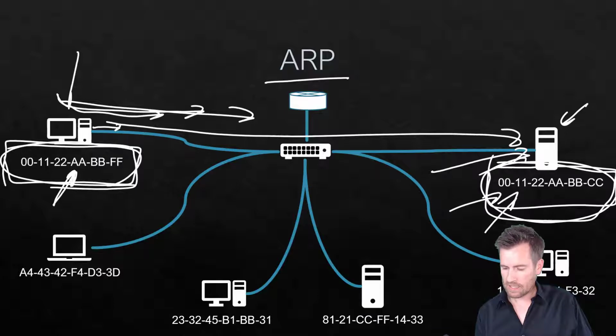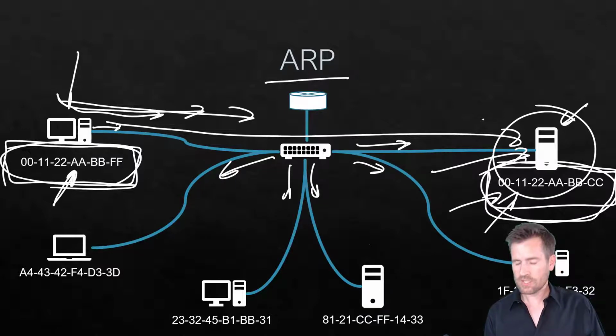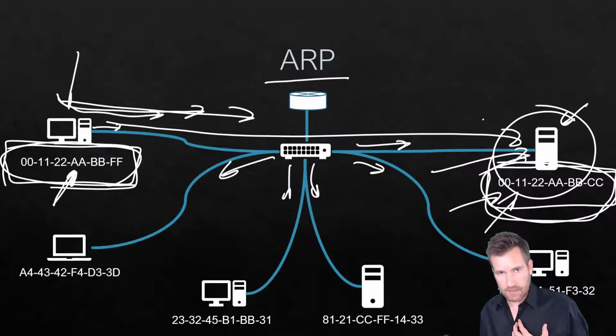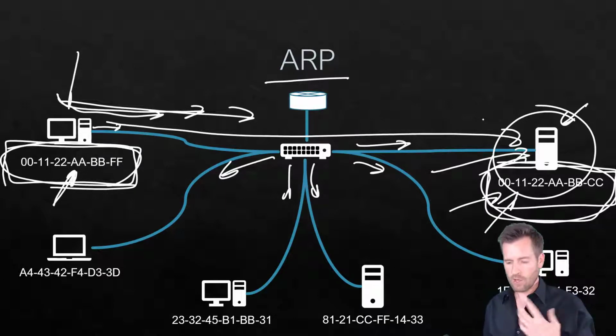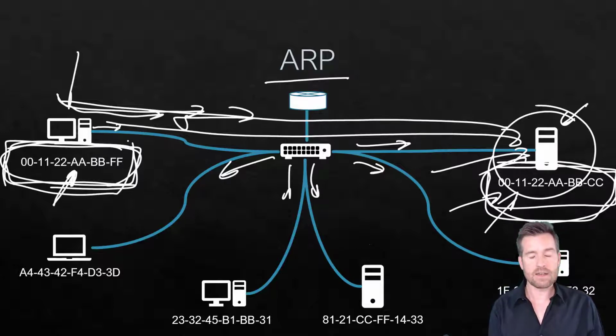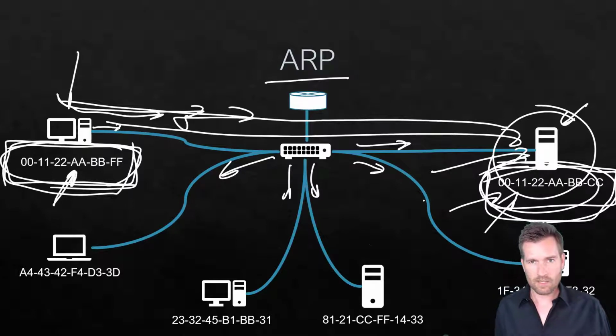What happens is that request gets sent out all of the ports. This machine hears that, says, yes, that IP address belongs to me, and so I'm going to reply to let this machine know that this is the MAC address it needs to communicate to.